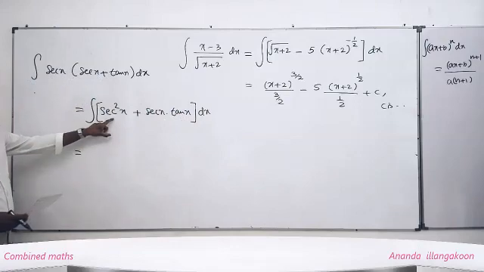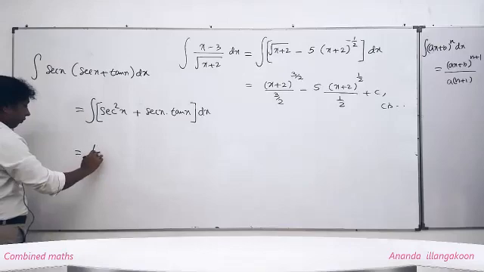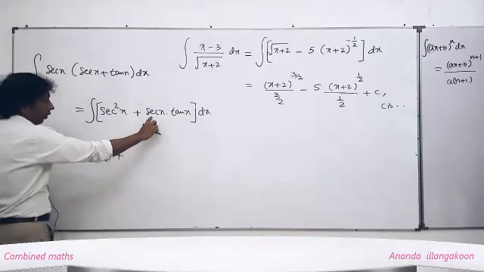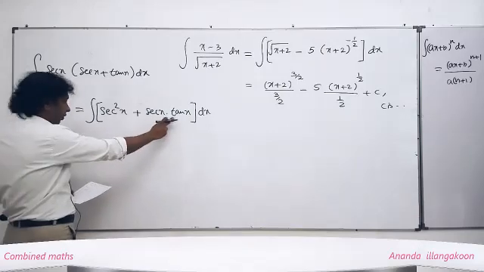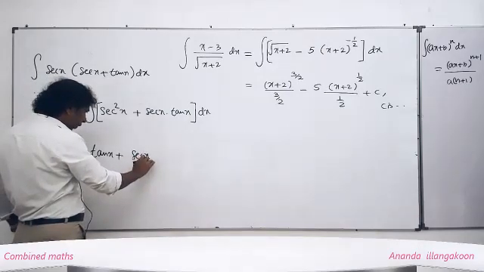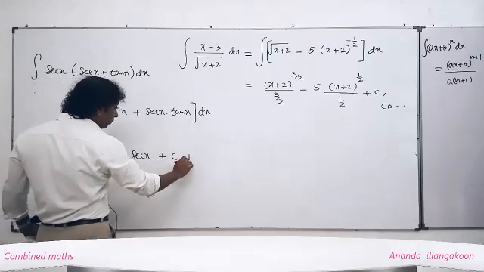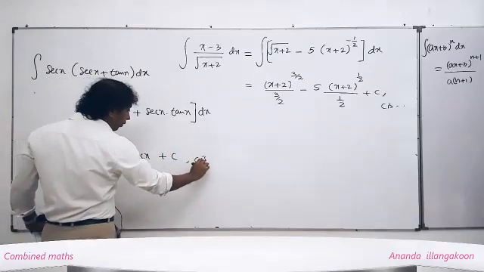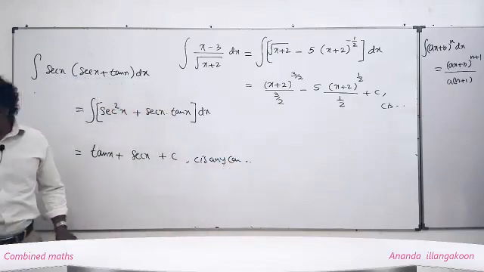People, this sec squared x integral we know. The integral of sec squared x is tan x, no? This is tan x. And sec x tan x, the number 12 result you have: the integral of sec x tan x is sec x, plus c. C is any constant. Like that, we get this answer, right?